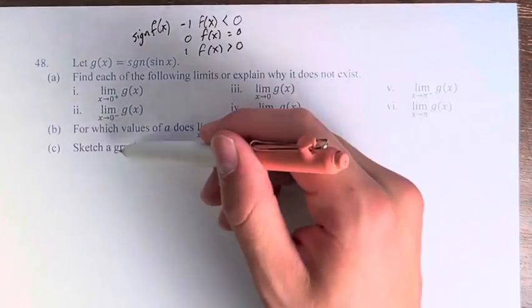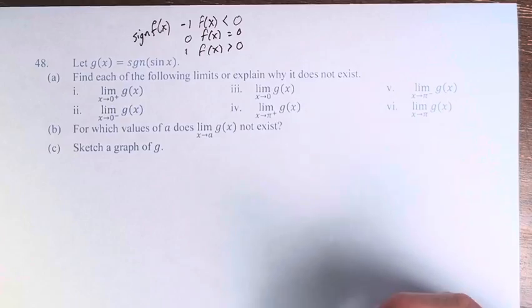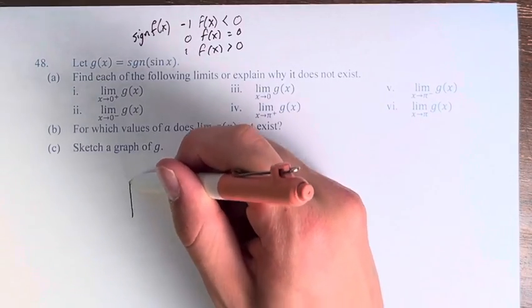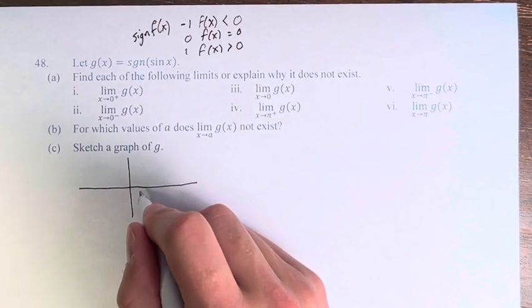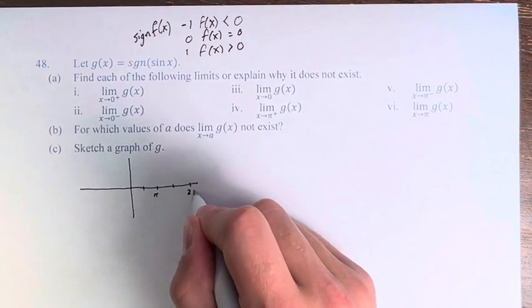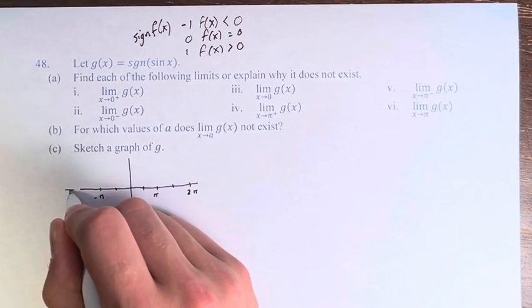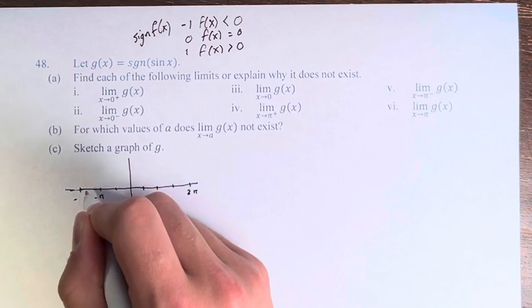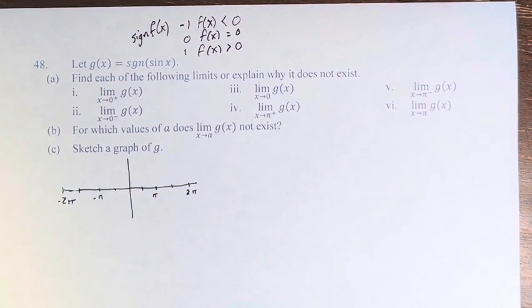So we're asked to sketch a graph of g. I think we're going to do that first instead of doing it at c, just because I think it's helpful to understand what we're actually dealing with here. So we have the sine function, and we have to graph this first, I feel, to understand what the actual function will look like.